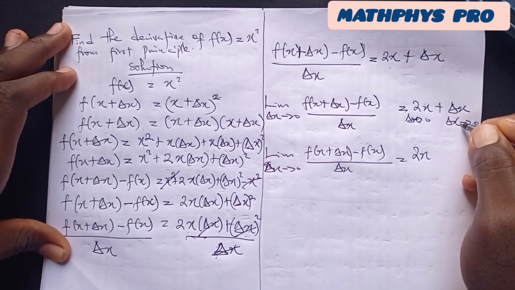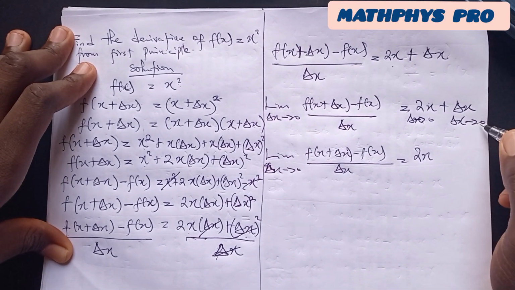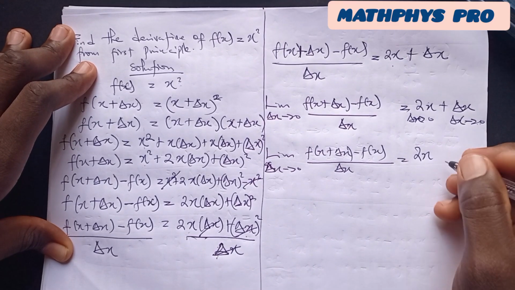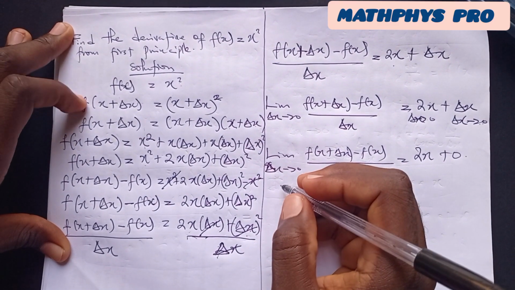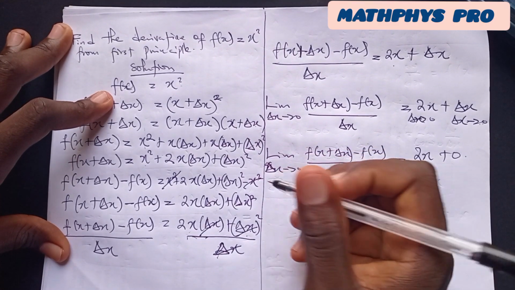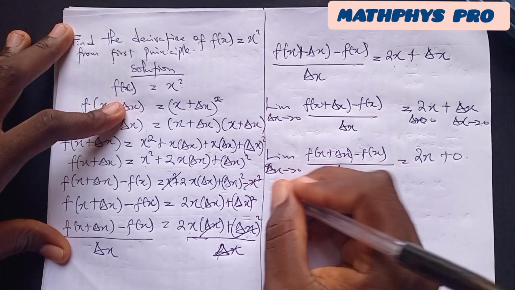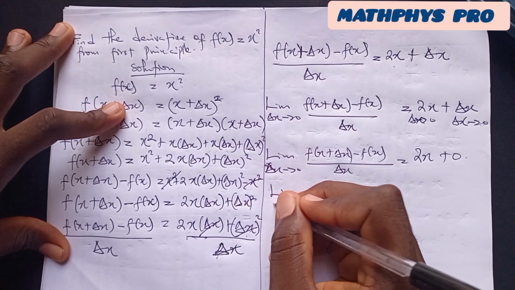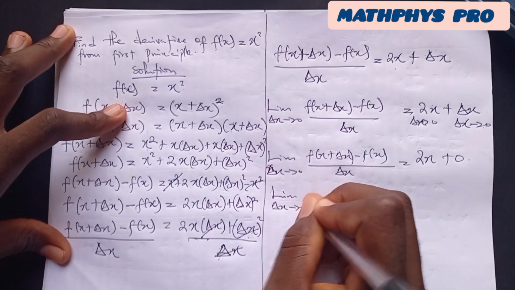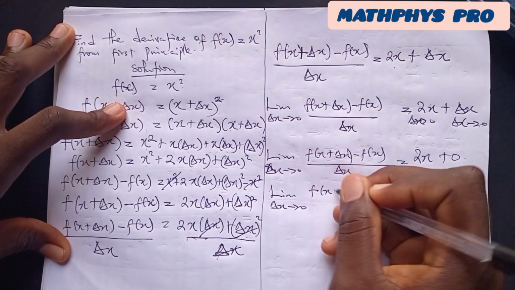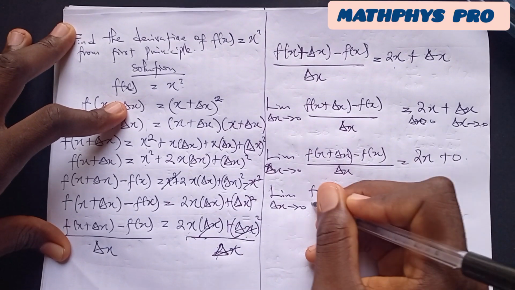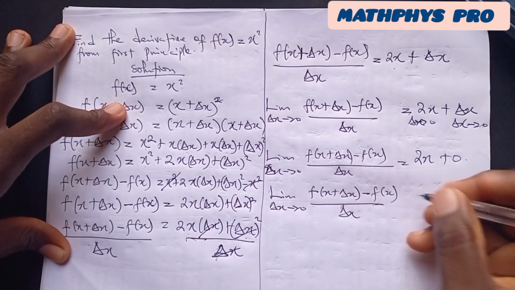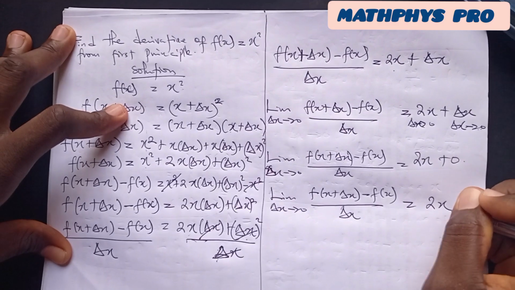And if you replace change in x equal to 0 in this side, you have plus 0. So we can say the limit when change in x approaches 0 of f of x plus change in x minus f of x over change in x is equal to 2x.